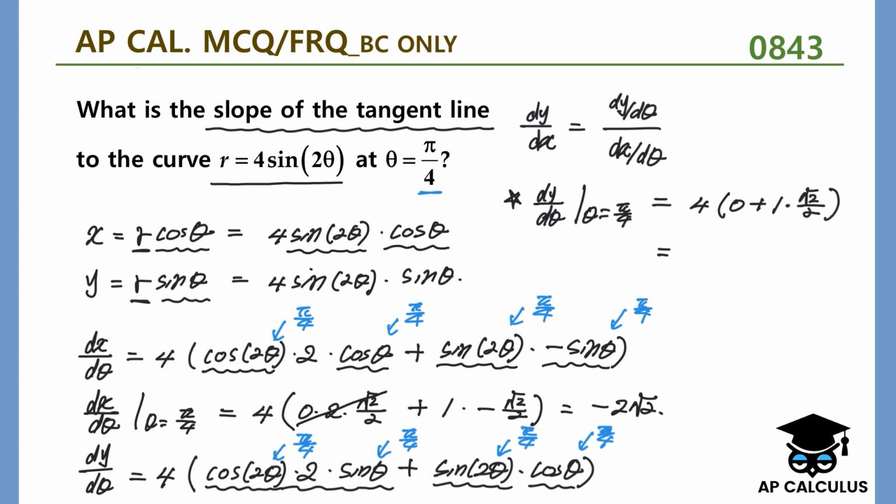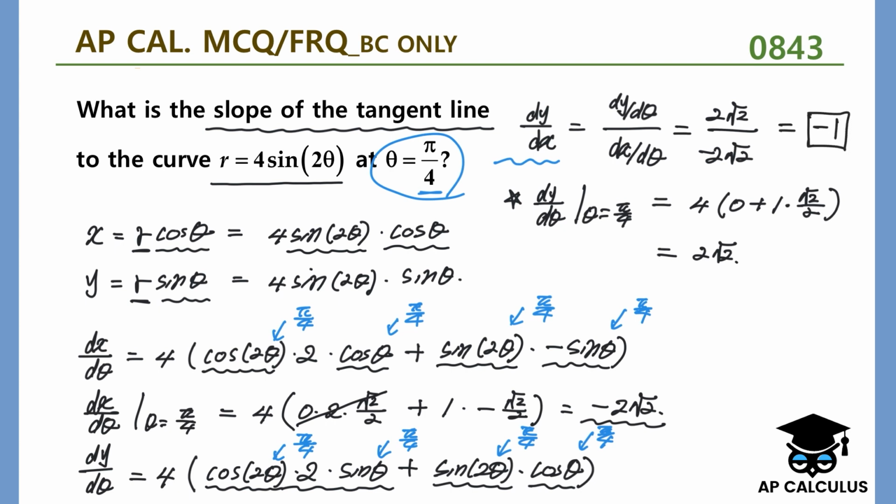So that is equal to 4 times root 2 over 2, 2 root 2, right? So our slope when θ is equal to π/4 is dy/dθ, that's 2 root 2, over dx/dθ, that's negative 2 root 2, right? So the slope is negative 1, right?